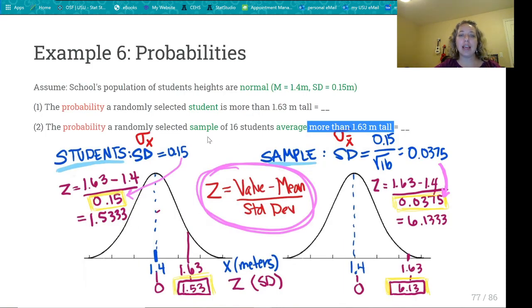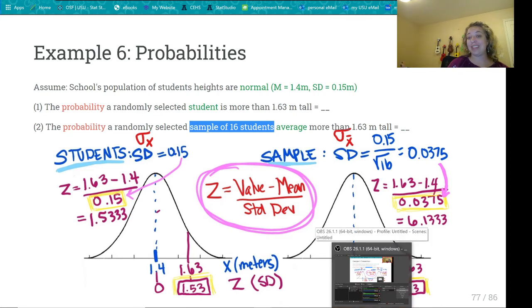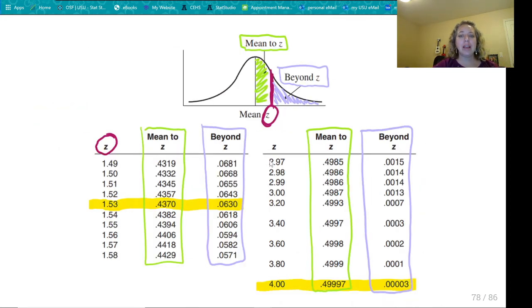But there's a little hitch. For this sample of 16 students, our z-score was more than 6. That's a big number. If you go to the z-table, it goes up about every 0.01 until it gets to 3. When you get beyond 3 standard deviations, you don't have a lot of data, so the textbook table starts skipping after that.